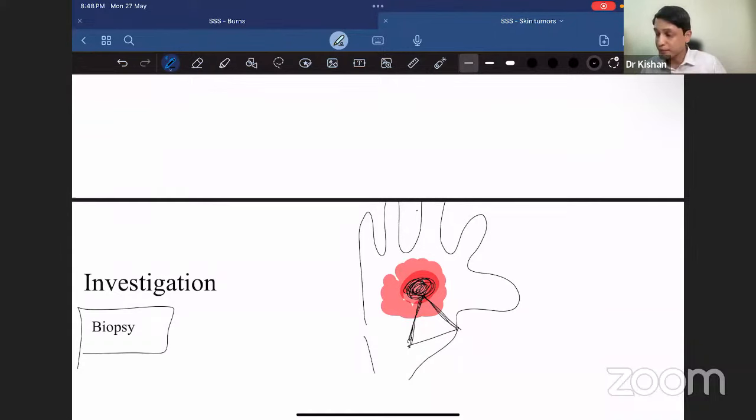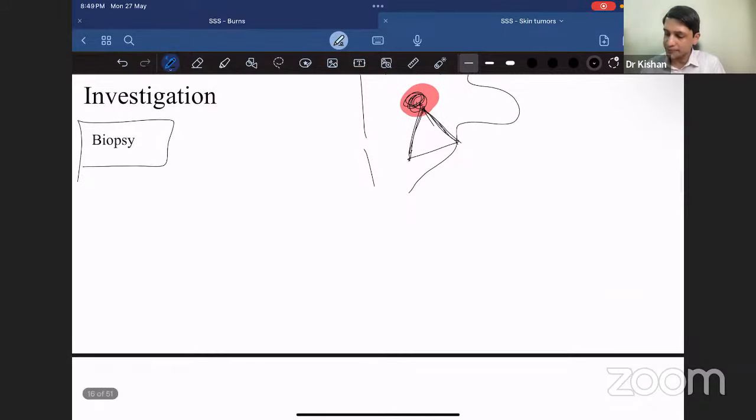That's why we take from the edge of the tumor, and the normal skin to compare between the normal skin and the tumor. So we take some amount of the tumor and some amount of the normal skin. That's why wedge biopsy, in many skin conditions we usually take wedge biopsy to compare, and mainly the proliferating cells are present peripherally. Okay, that's why. Very good. Excellent. So then coming to the treatment.